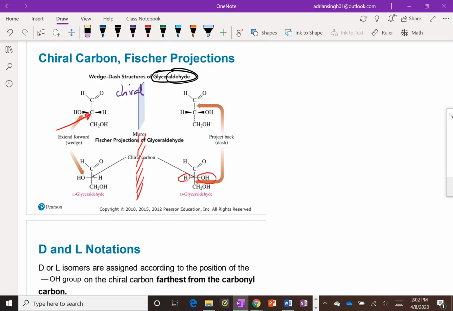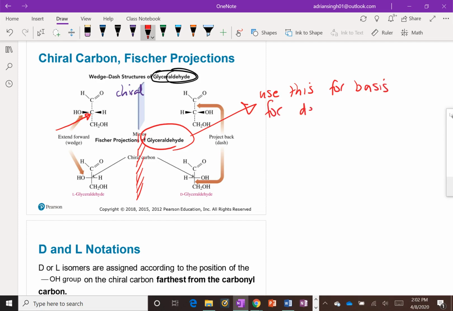So glyceraldehyde is important because we actually use this as a basis for denoting different types of sugars. And specifically, we're referring here to different isomers of your sugars.